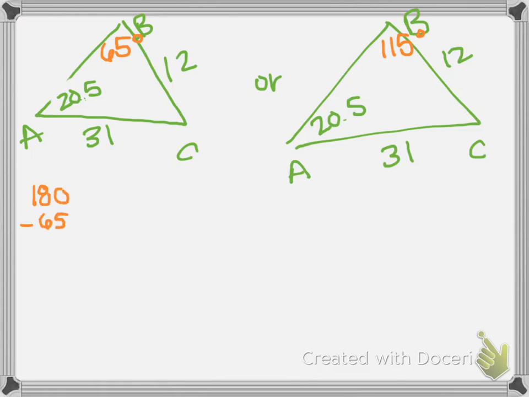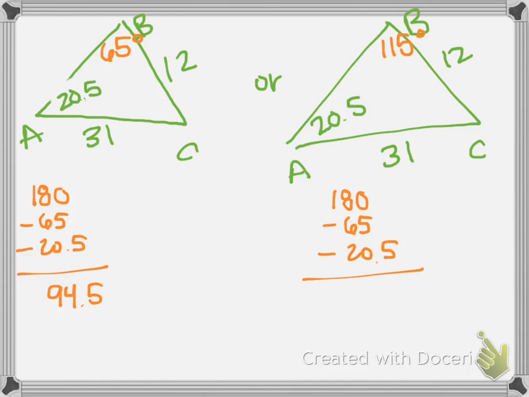I have 180 minus 65, minus 20.5. Are you taking time to plug this into your calculator? Yes. So, as I subtract, I end up with 94.5, which works in my triangle.